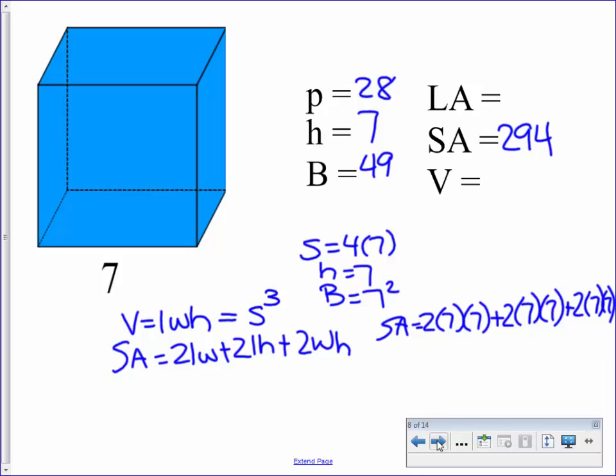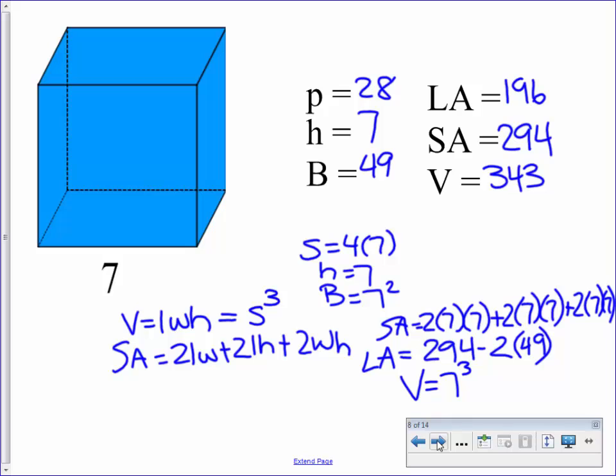To find the lateral area, technically there's not really a lateral area because they're not bases, but you do the surface area, which is 294, minus the area of 2 bases, which is 2 times 49. So your lateral area, if you would consider there to be a lateral area, would be 196. And then finally the volume, what I would do is 7 cubed. You can do that on your calculator, and 7 cubed is 343. So that is the cube if you have a problem like that.